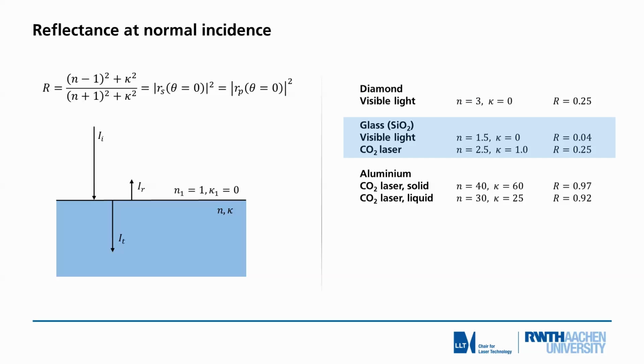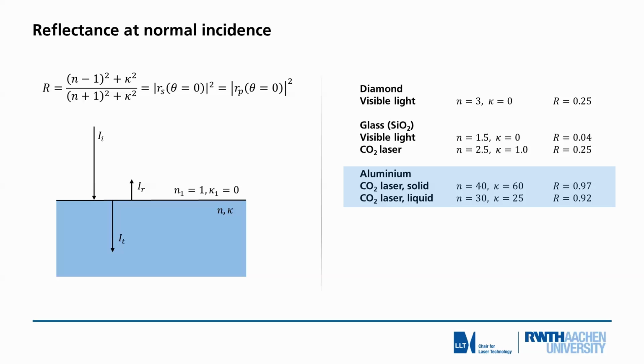So if you look at other examples like glass, I already said that the value for the reflectance is about 4%. For a CO2 laser, however, in the far infrared at 10 micron wavelengths, we have strong absorption of the radiation, and consequently the reflection changes at zero incidence to about 25%.